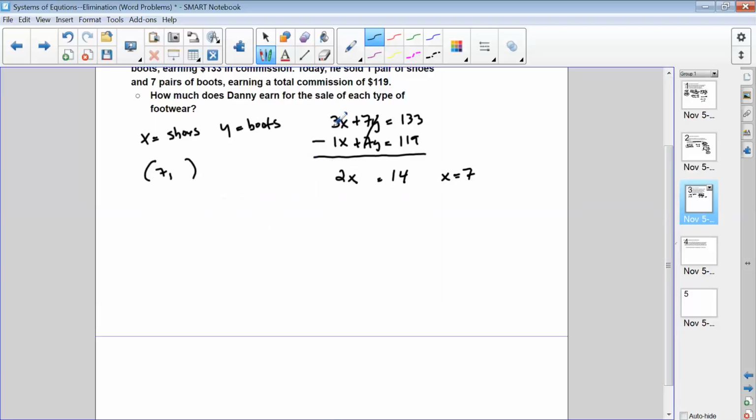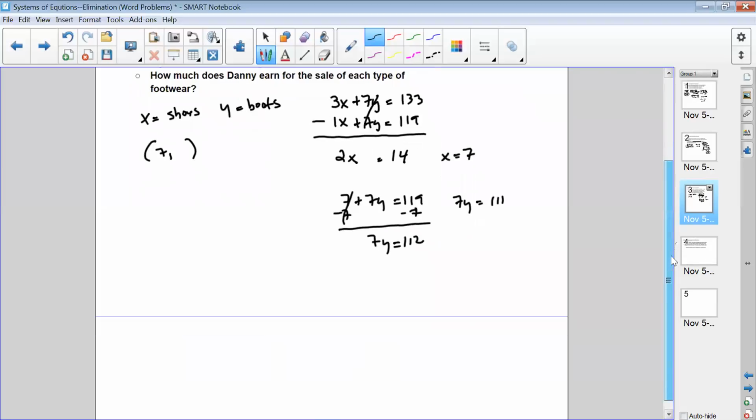So if X is 7, I'm going to use the second equation. So it'd be 7 plus 7Y is equal to 119. If I subtract 7, I'm going to get 7Y is equal to 112.